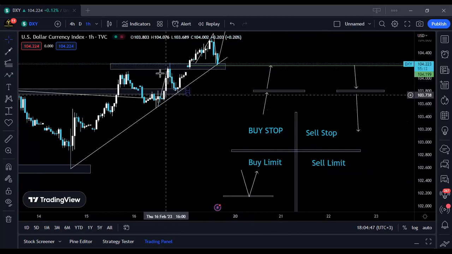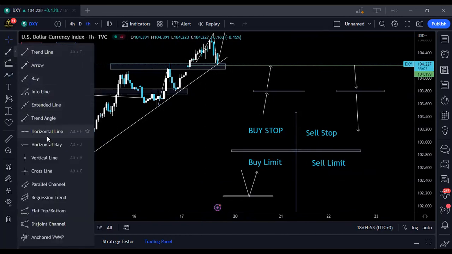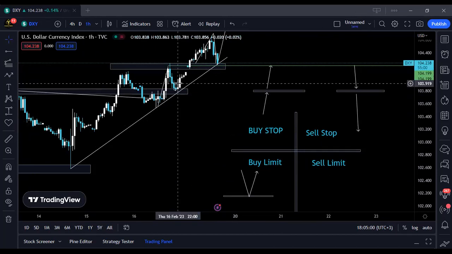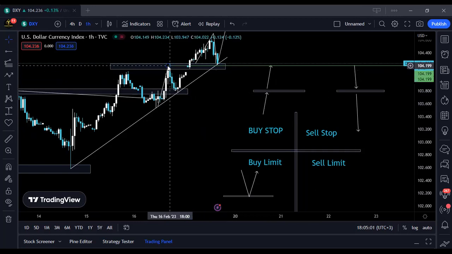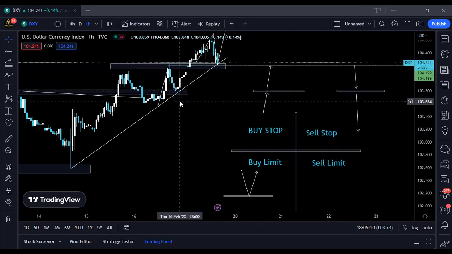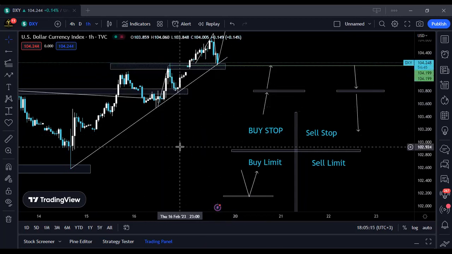Maybe you anticipated this. So at around here, at where the structure is, you can place a sell limit and say, okay, once prices reach here, I want a sell order to be placed so that I can be in this move. So this is where you place a sell limit, right?